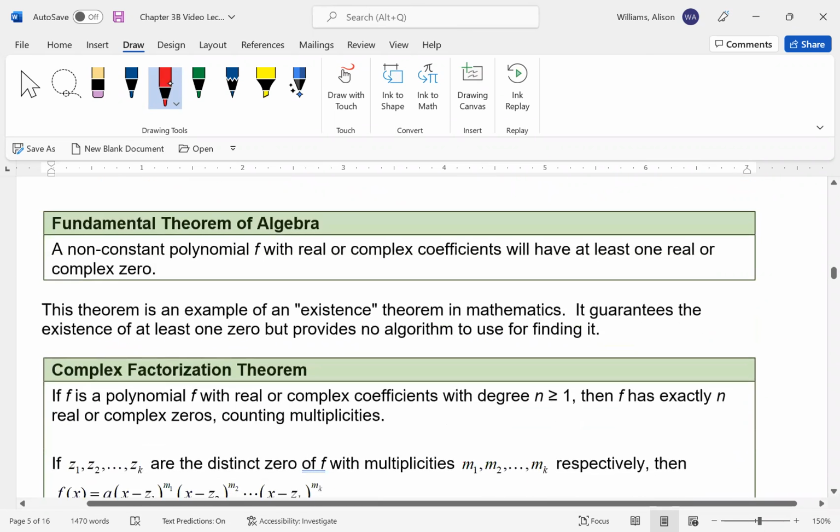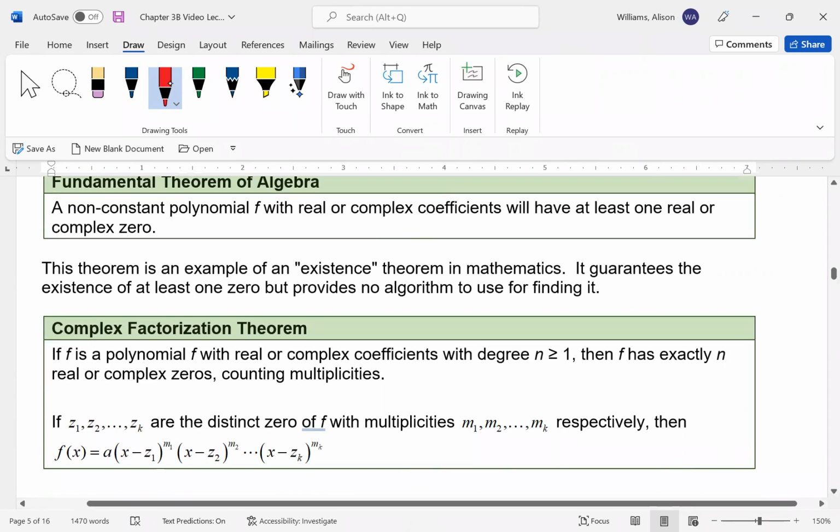What we do have is what's called the complex factorization theorem. Now, I don't want you to get too worked up on this theorem. As you can kind of see, I'm just putting them out there. I'm not even filling in all the information because I don't want to get hung up on them. The ideas are actually a lot simpler than they seem.